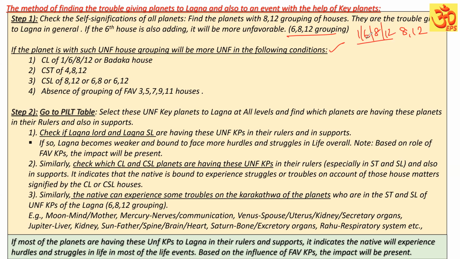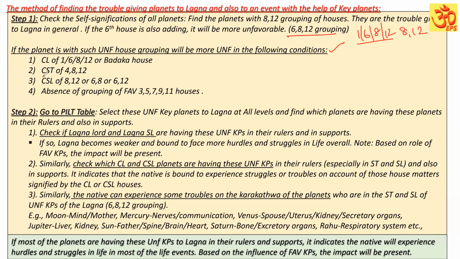Being the source planet for these houses and also having this unfavorable grouping in self-significations, that planet indicates a more unfavorable key planet. Similarly, the Kaspal Lord of these houses or the Badaga house, because the Badaga house becomes more unfavorable when it signifies this unfavorable grouping.